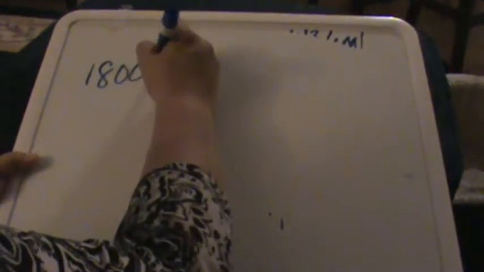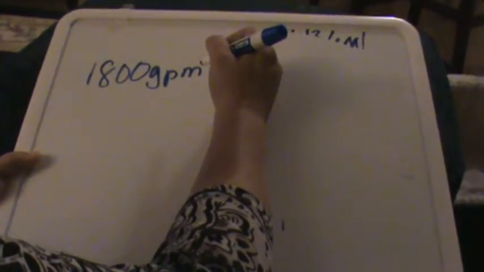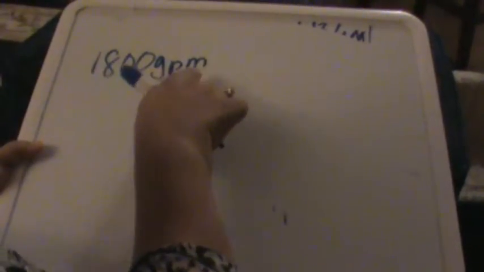Okay, we're going to do another question here, which is question 4. Find the total flow rate of a pump in million gallons given a flow rate of 1,800 gallons per minute for a period of 36 hours. I have 1,800 gallons per minute, and it's going to flow for 36 hours. So I have to make sure that I'm converting my minutes to hours to get it all on the same level.